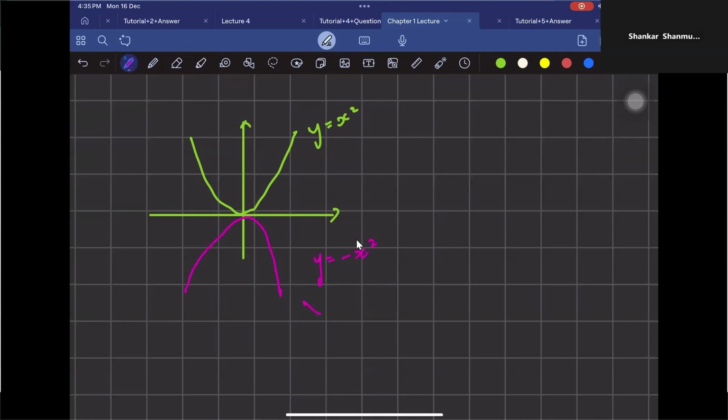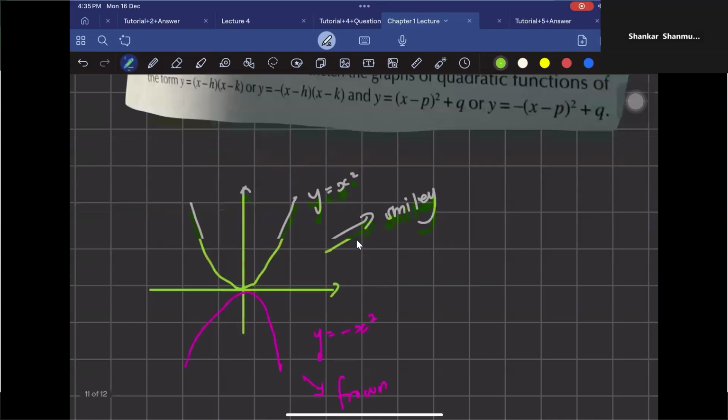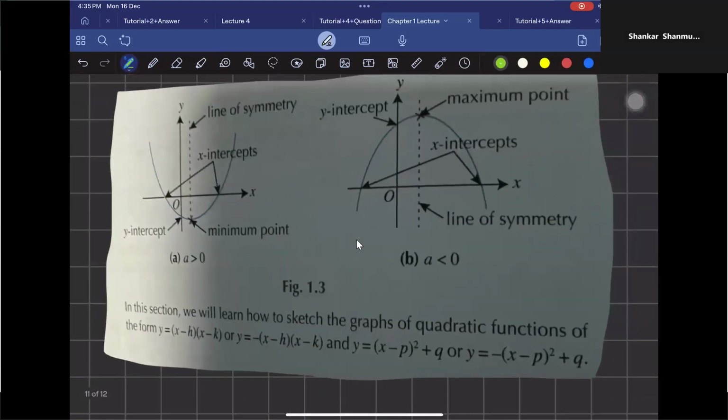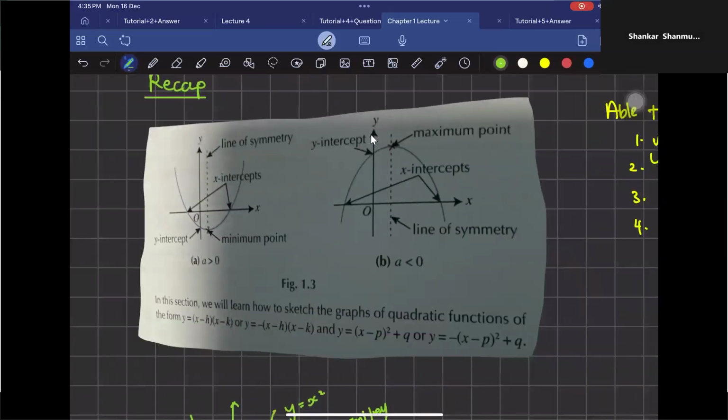Think of this as a frowning face. And then this is a smiley face because it's positive. Okay, but anyways, this is just a quick revision of your graphs. So now let's get on to sketching.